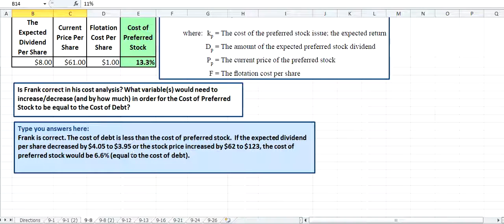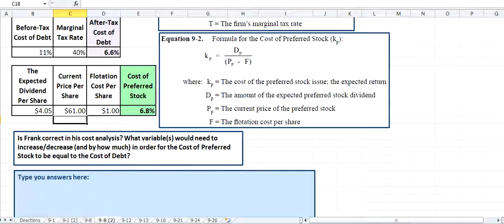Oh, by 405 to 395. I see. Okay, so we want to drop it down just a little bit below 405, and that's going to give it to us. Yeah, that makes sense.